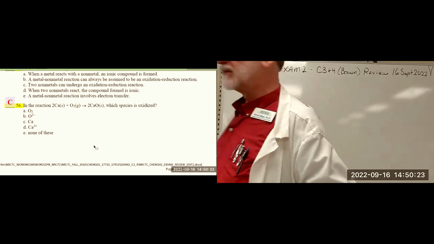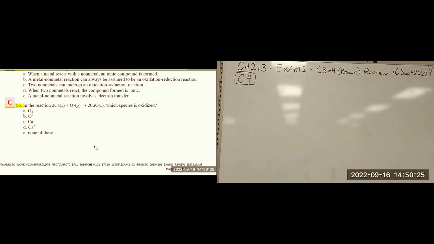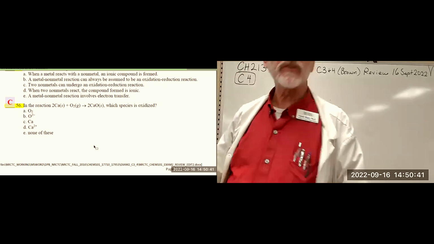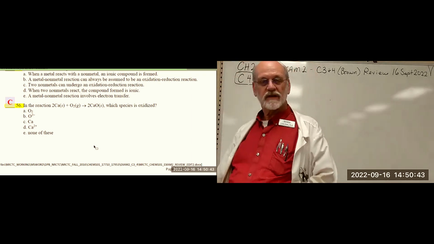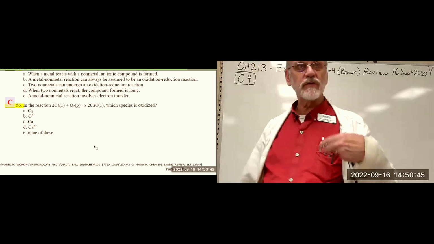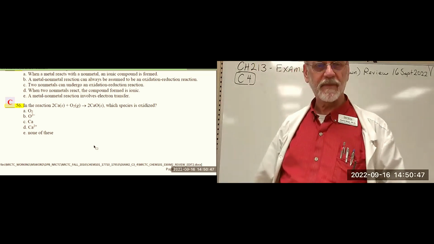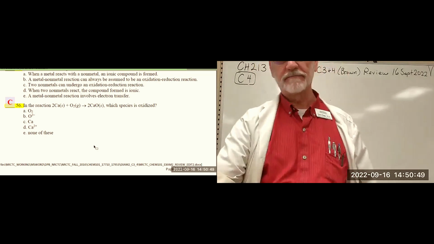Well, the calcium, this is what oxidation state? 0. It's an element. That's 0. Over here, it's 2+ and 2- for oxygen. So which one lost? Calcium. Calcium was oxidized in that process, which means oxygen had to be reduced. They always go in pairs.